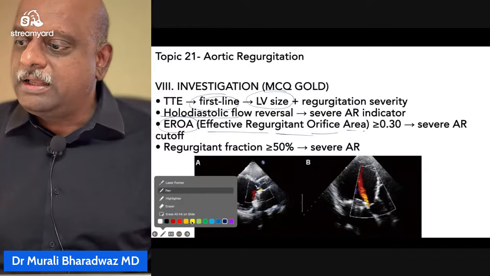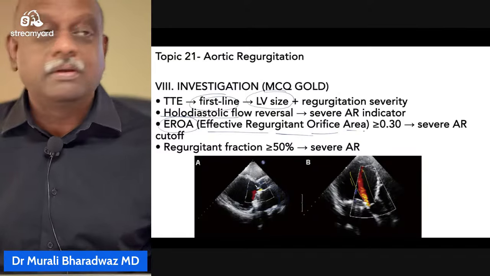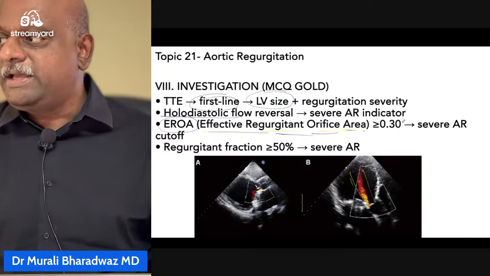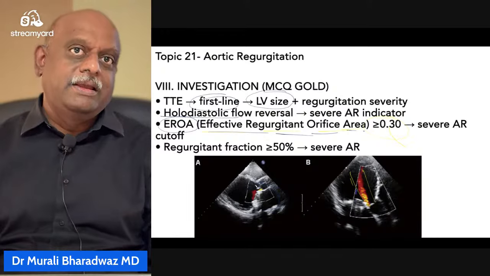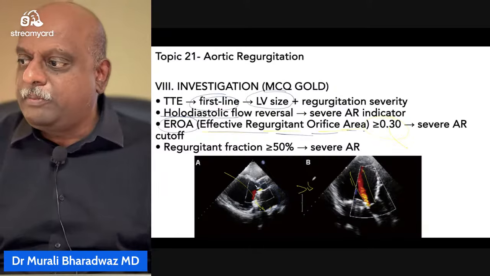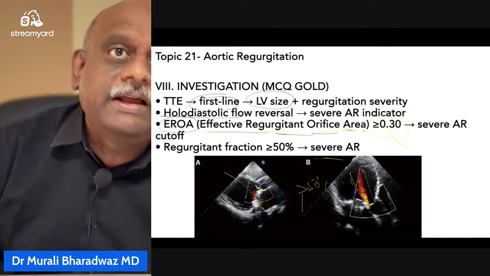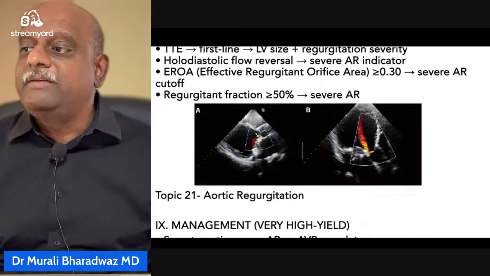How much is the surface area of this regurgitant jet? That is called effective regurgitant orifice area. More than 0.3 means it is a severe AR. Similarly, how much regurgitant fraction is happening? If it is more than 50%, that is an indicator of severe AR. That's how echo is an important investigation.